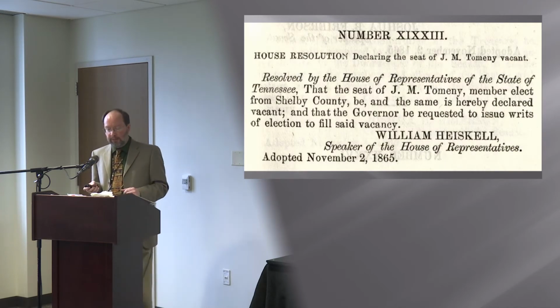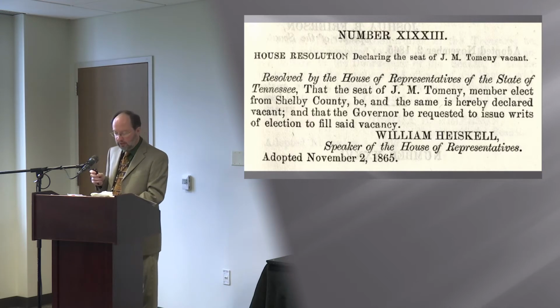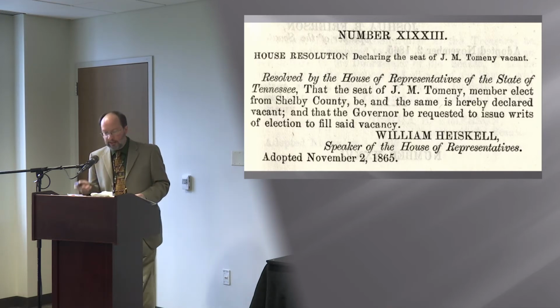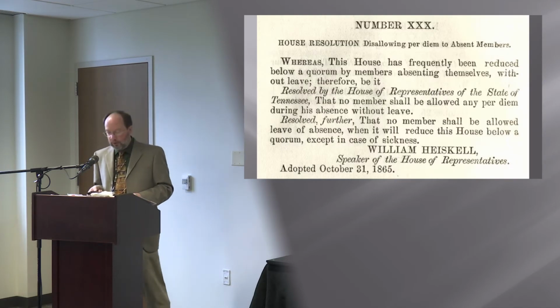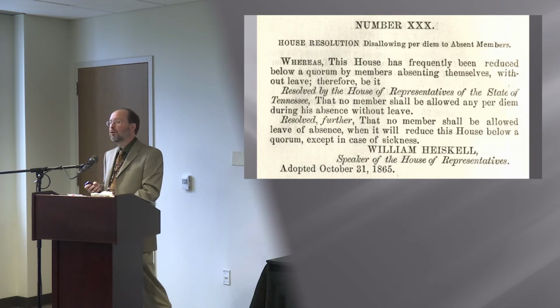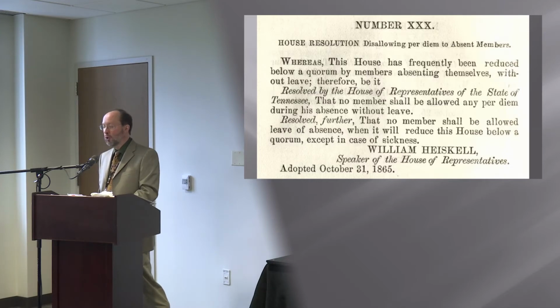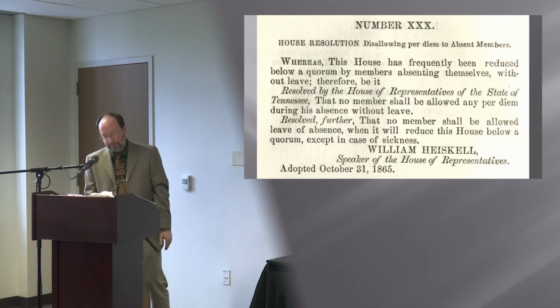Representative J.M. Tomney, elected in March 1865, never showed up for any session, and his seat was declared vacant. October 31st, 1865, the House adopted House Resolution number 30, mentioning that the House has frequently been reduced below a quorum, and declaring that any member absent without permission would not receive a per diem for that day.